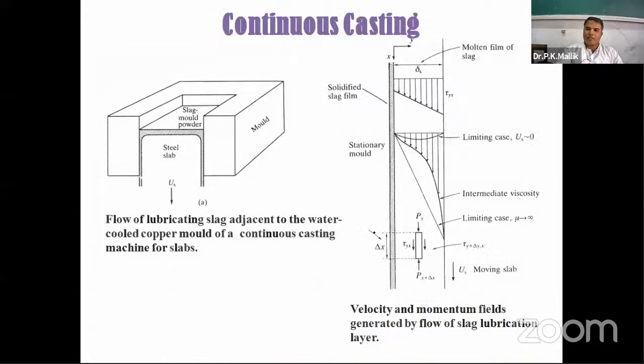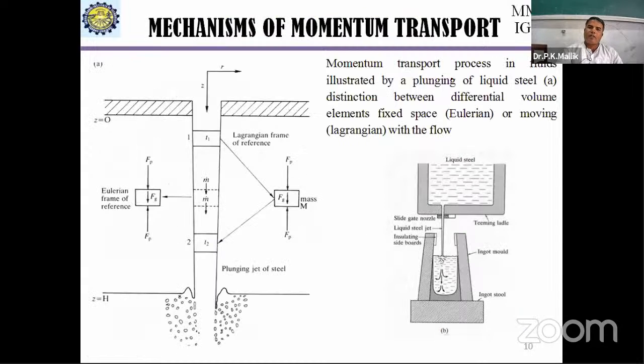You will see what the velocity profile of the slag should be, what the shear force distribution in the slag should be, and what the thickness of the slag should be so that you can prevent the heat loss. It will take more time to understand these things.